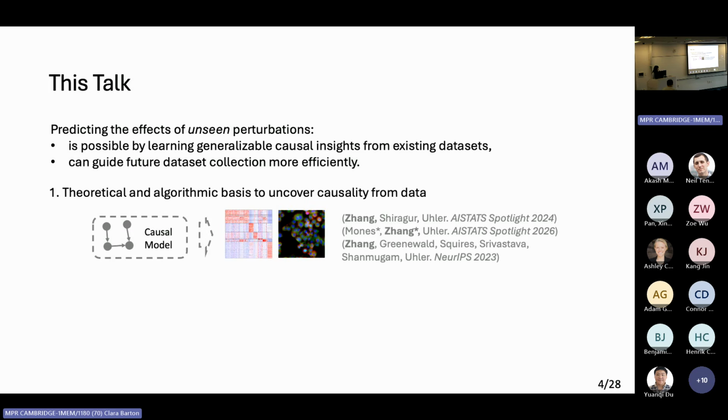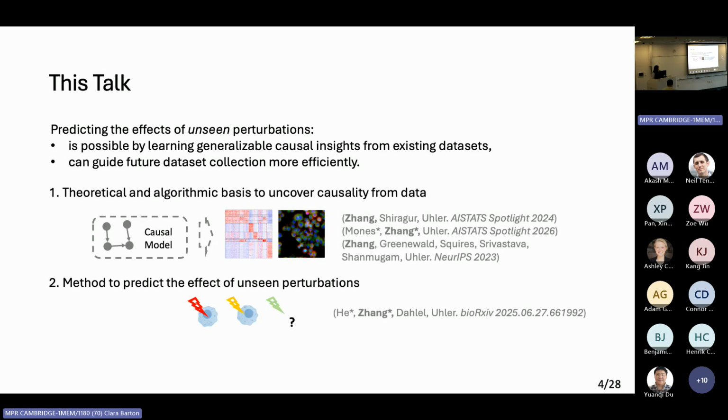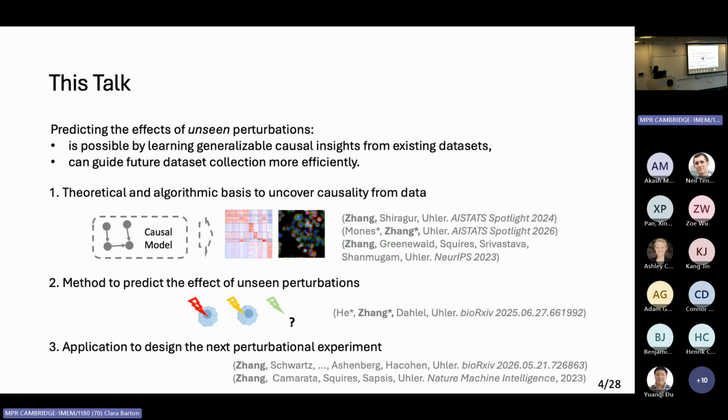The first one, I'll spend some time on the theoretical and algorithmic basis to learn causality from data. This is going to lead into an algorithm that predicts the effect of unseen perturbations in the second part. And then I'll quickly show you an application of using this model to design the next perturbational experiments. And these are the list of papers I'm going to cover.